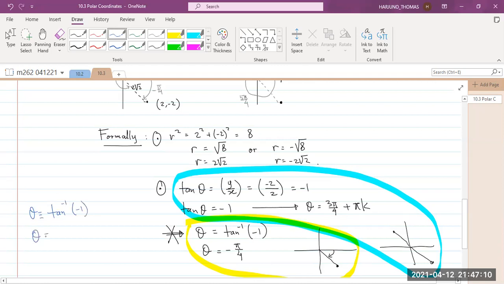So theta is equivalent to negative pi over 4. Now you adjust that. Negative pi over 4 is this direction, and it happens to be the same quadrant as what we want, 2, negative 2. So then you can use that theta.